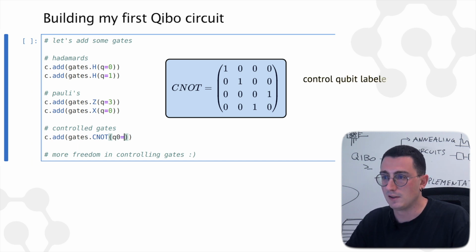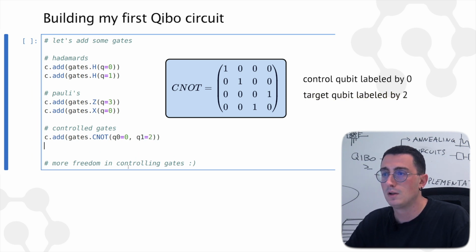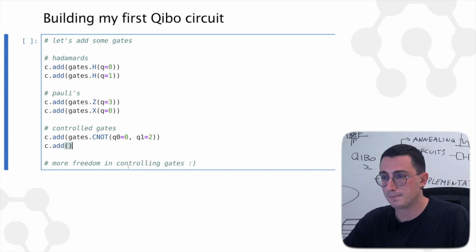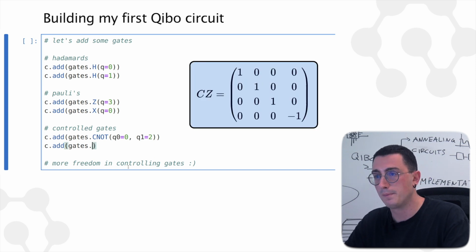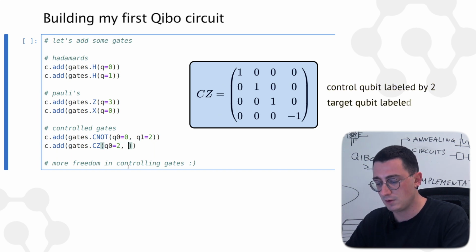For example, we can set the number 0, and then the target qubit, q1, the number 2, for example. We can also add some more complex controlled gate. c.add gates.CZ, for example, q0 equal to 2 and q1 equal to 1.